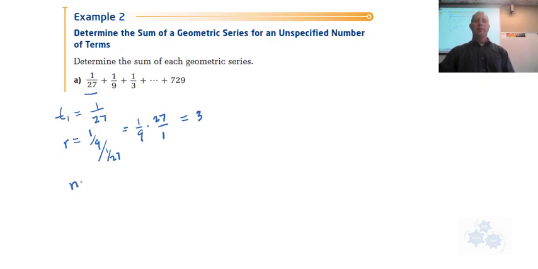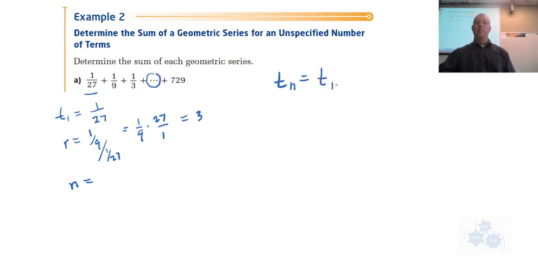What about n? What's n? n is not given, and all these dots don't really help. I can't really count that. So you have to find n first. So this is where we go back to the geometric sequence nth term formula, and we calculate for n. So who remembers what that is? T of n is what? From last section, anybody remember?